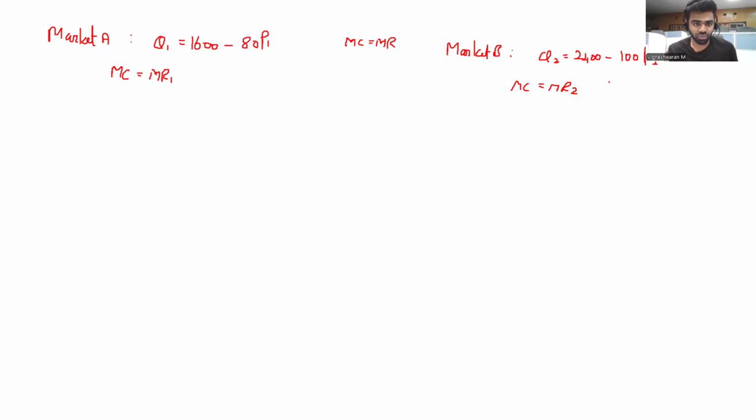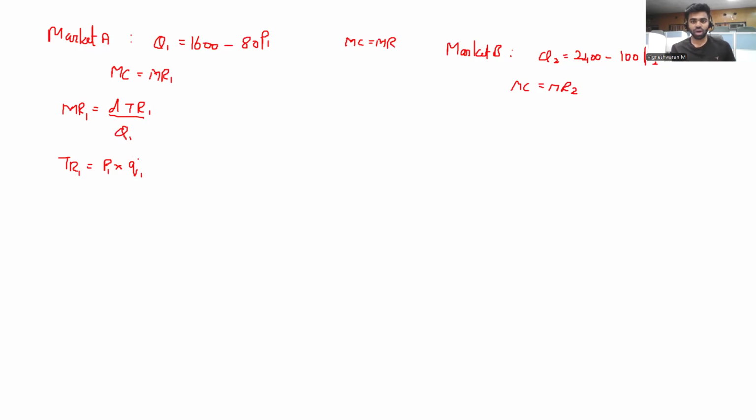So we all know the formula for MR: marginal revenue is the differentiation of total revenue with respect to quantity. Total revenue is price into quantity. Now I am going to put the subscript 1. So MR1 is equal to differentiation of total revenue 1 by Q1, where TR1 is equal to Q1 into P1.